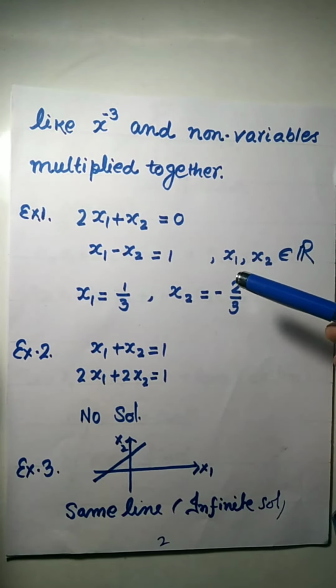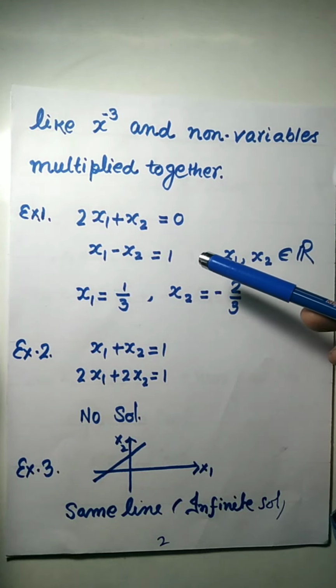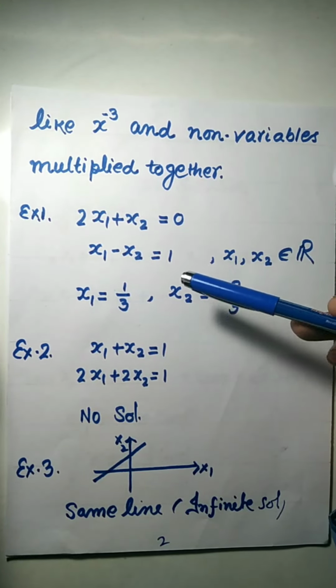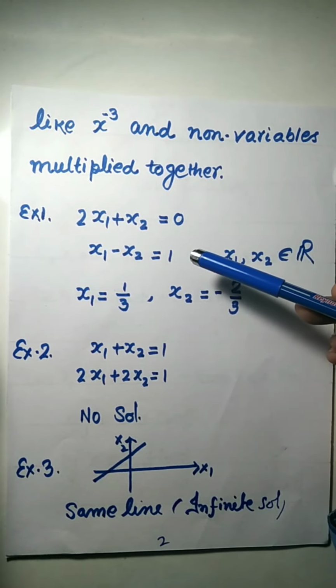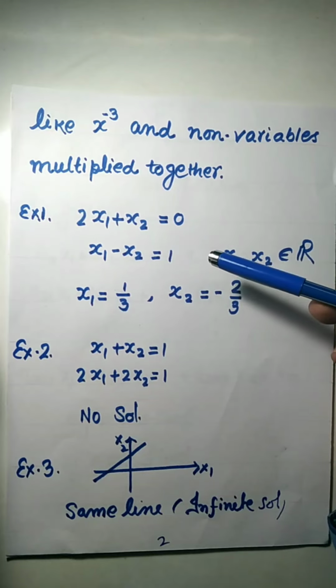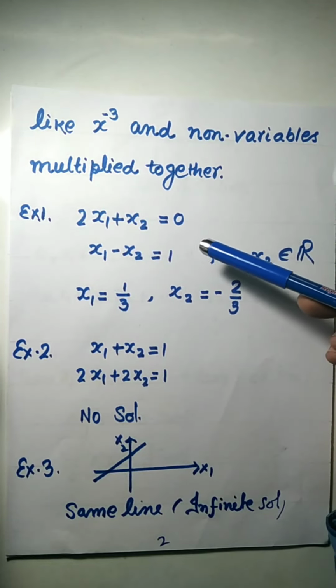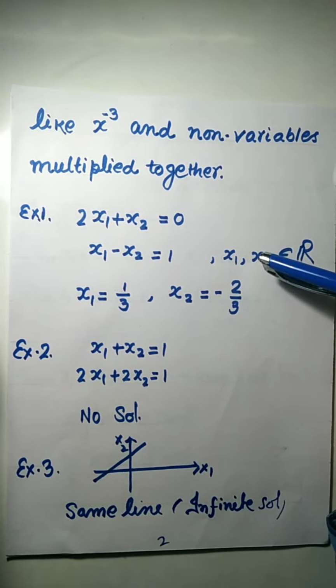Let us consider this example: 2x1 + x2 = 0 and x1 - x2 = 1. These are linear equations, functions of two variables, where x1 and x2 are real numbers.